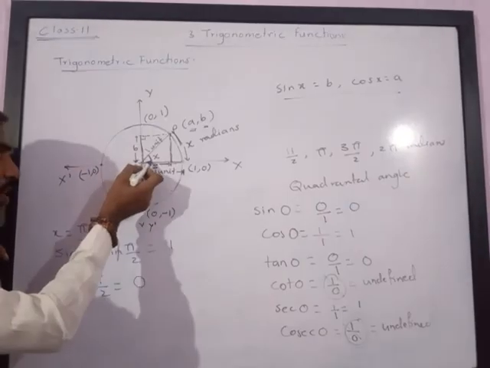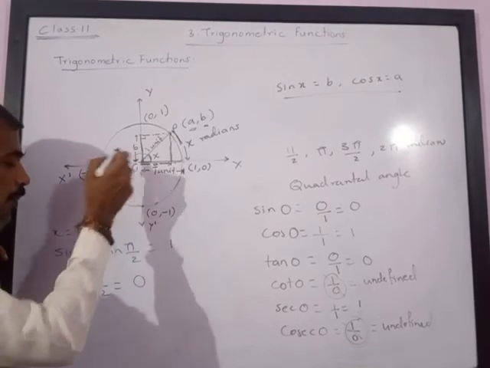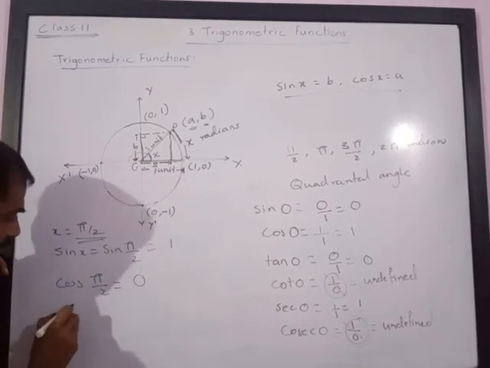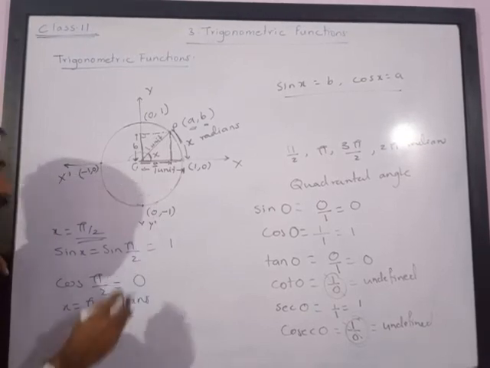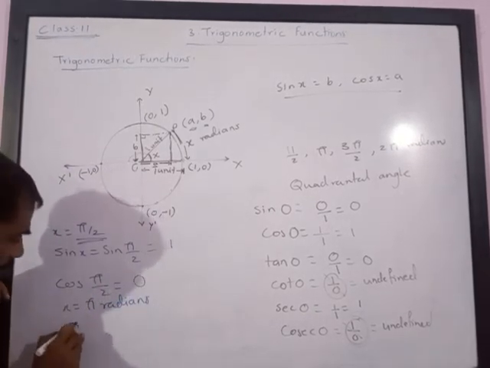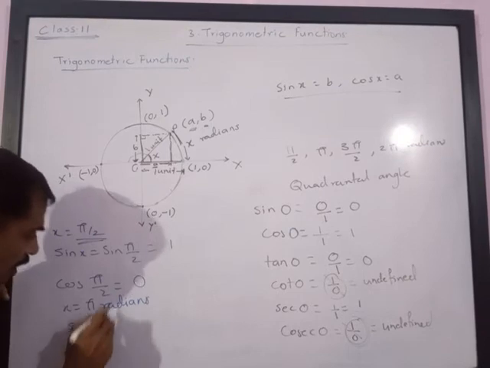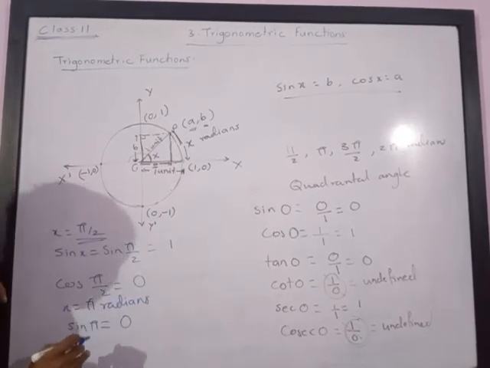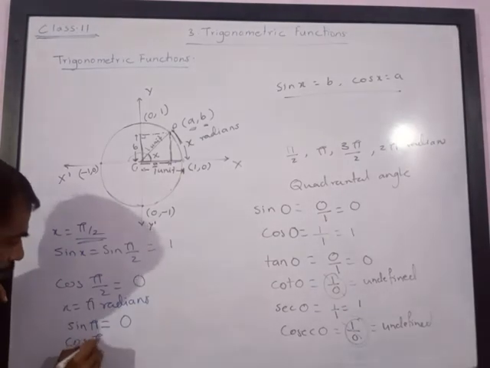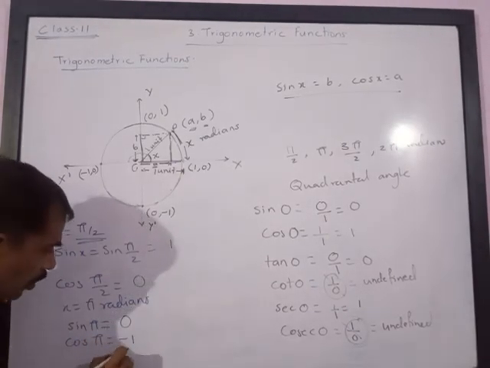Now next is if the quadrantal angle is equal to pi radians. So when x is equal to pi radians, we will get sin pi is equal to again 0 and cos pi is equal to -1.